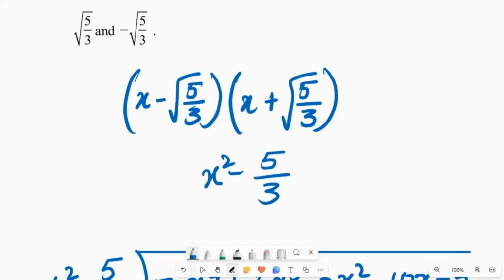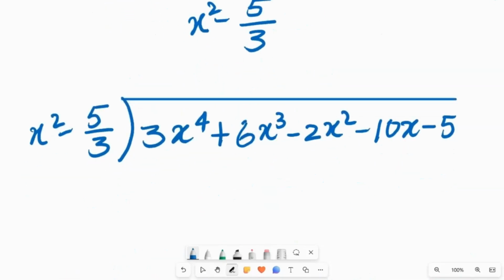If I divide the given biquadratic equation by x square minus 5 by 3, the quotient which I would get would be the other zeros of the polynomial, right? So let's see. We have 3x power 4 plus 6x cube minus 2x square minus 10x minus 5. We need to divide with x square minus 5 by 3.